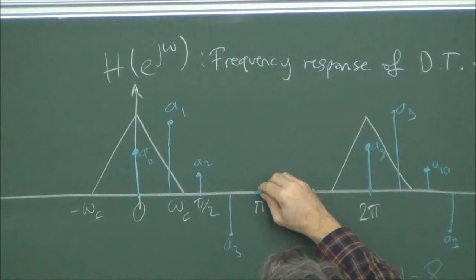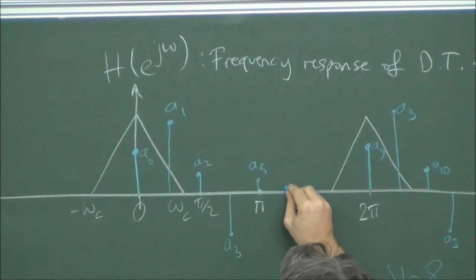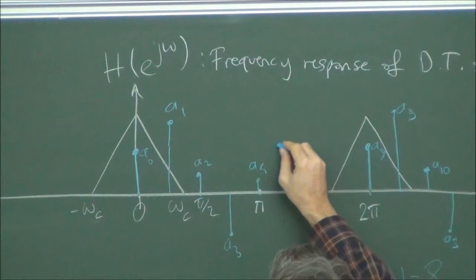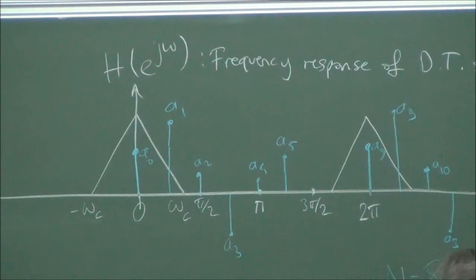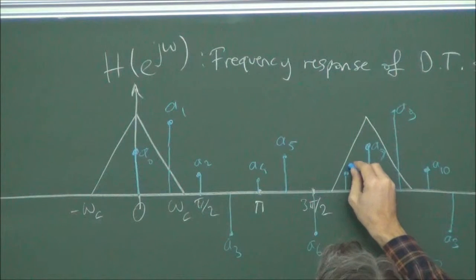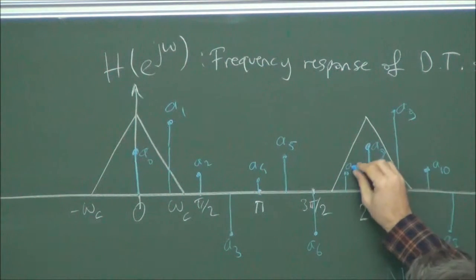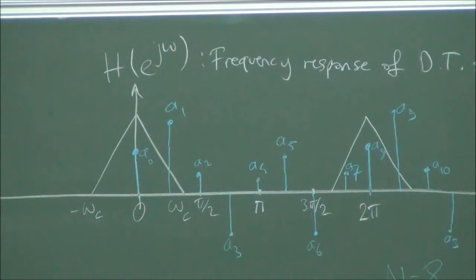At pi, some value A4, then A5, this is A6, let's assume, and we have A7 of course, and then you come back to A8. This is just an imaginary layout of Fourier series coefficients, of course.